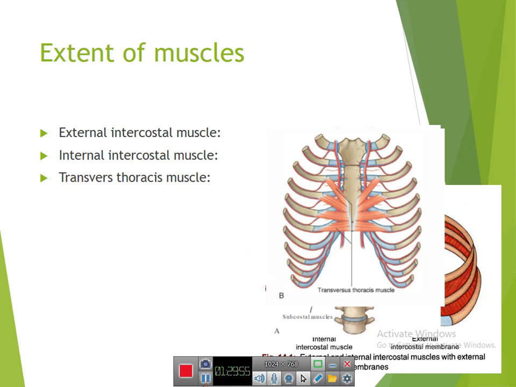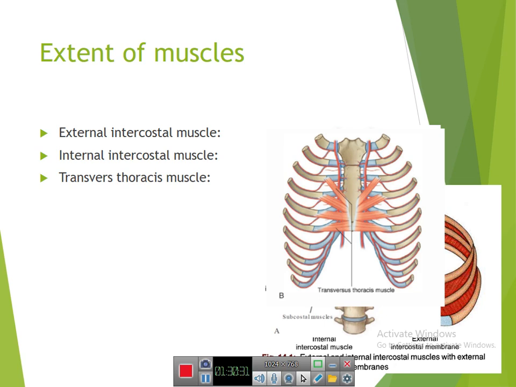So the last question is how we can describe the direction of the fibers of the external, internal, and transverse thoracic muscles. Can we recognize these muscles from their direction of fibers? The answer is yes. The direction of the fibers can tell us which intercostal muscle it is.